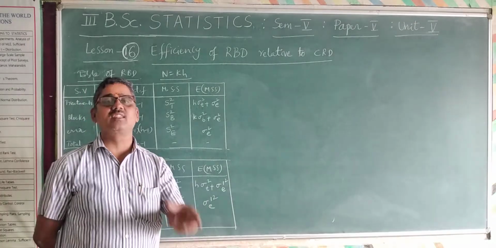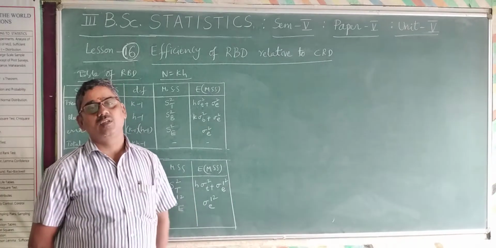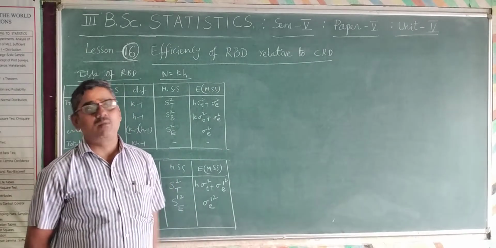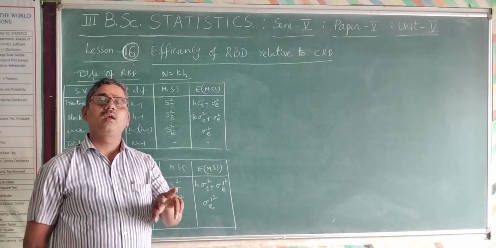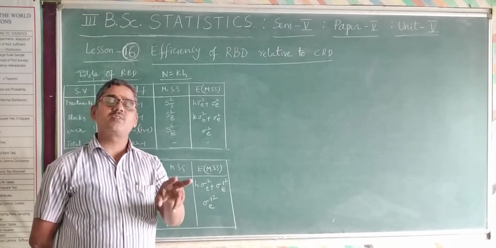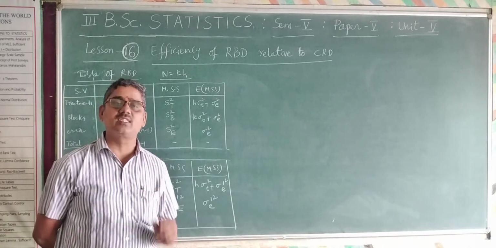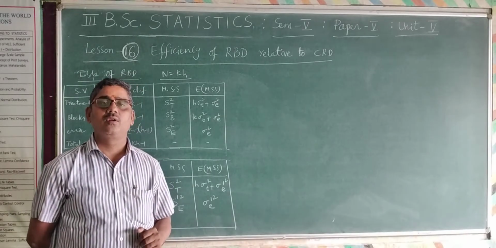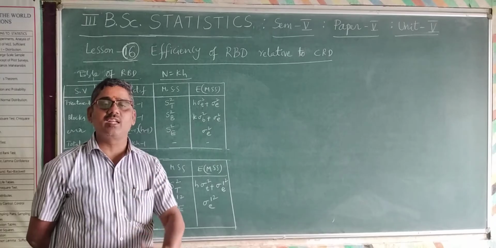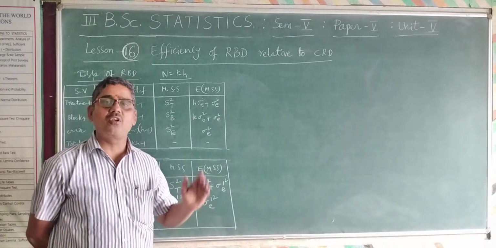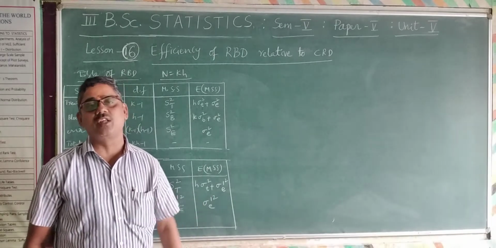If you equalize the sum of squares, because the variation present in the sum of squares is the mean sum of squares multiplied by degrees of freedom. That is the formula: mean sum of squares is equal to sum of squares divided by degrees of freedom. So sum of squares is equal to mean sum of squares times degrees of freedom.